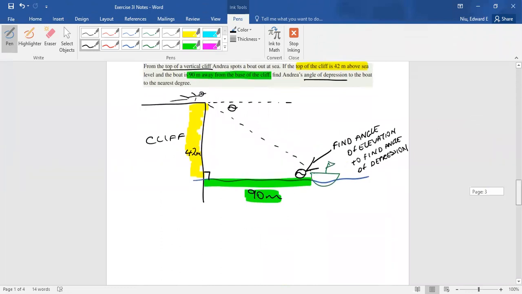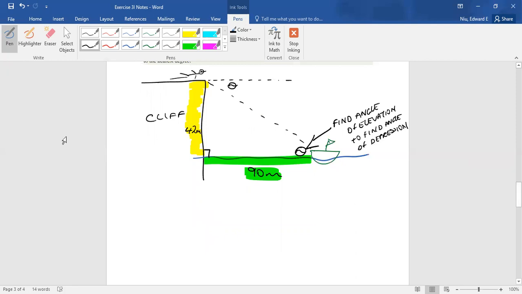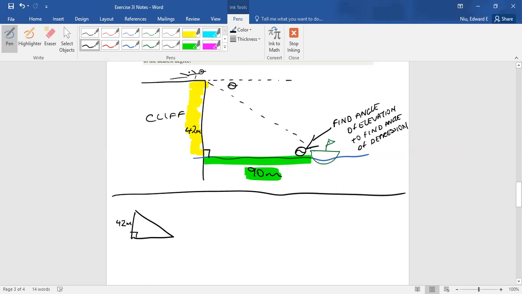So let's try and redraw this triangle in a simplified 2D version. What we have is our right angle here. That's our 42 meters, highlighted in yellow. We care about this outside angle of depression, which isn't actually in the triangle.